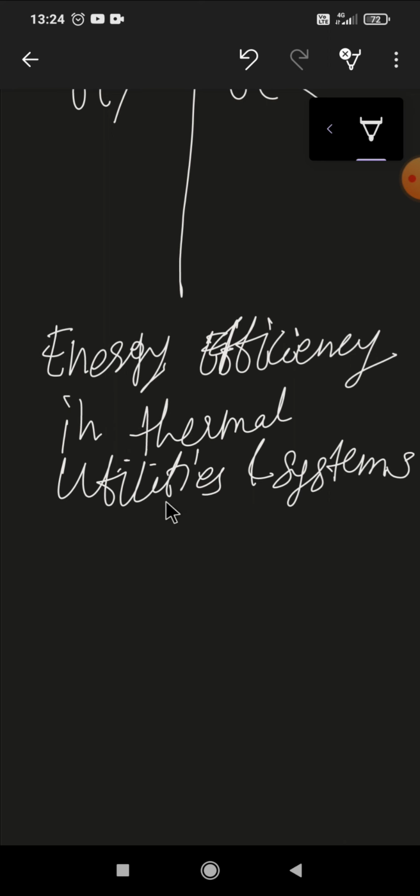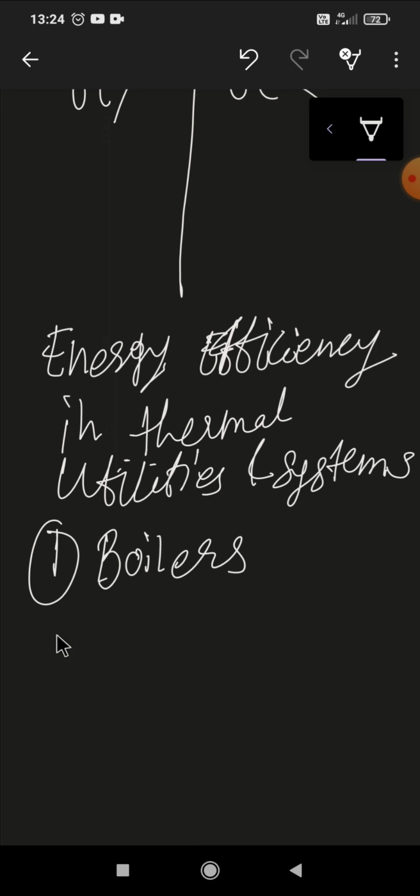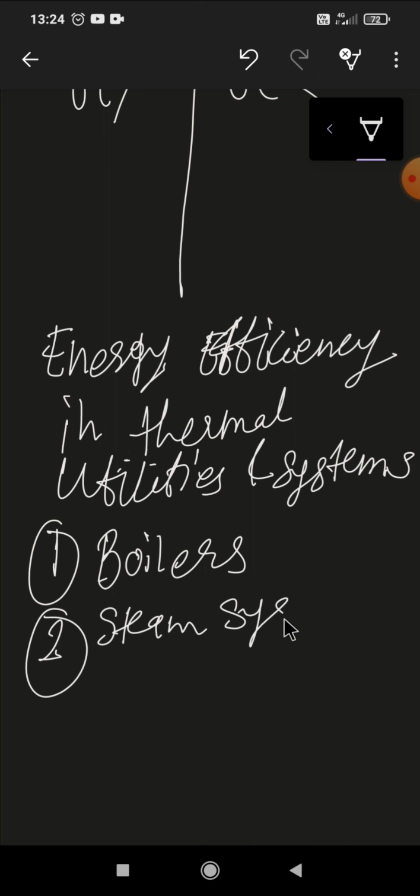In this chapter, we first discussed boilers and how we can save energy in boilers. Then we saw the steam system, how we can save energy in it, and what dry layup and wet layup are, that is, how to close or switch off boilers when they are not in use.